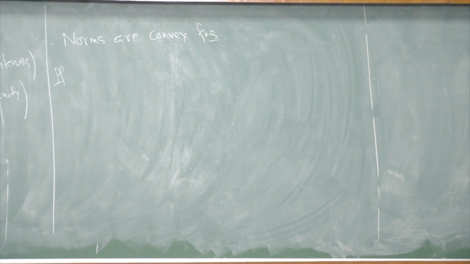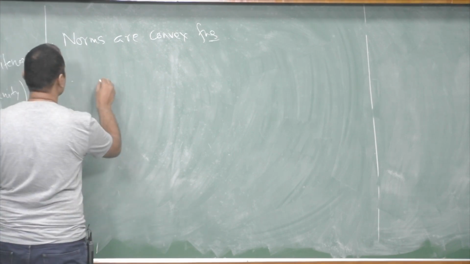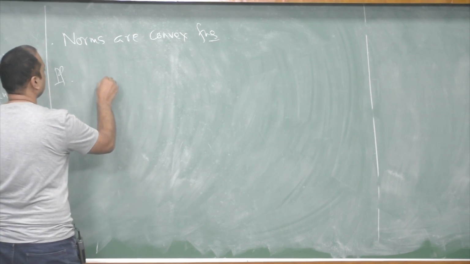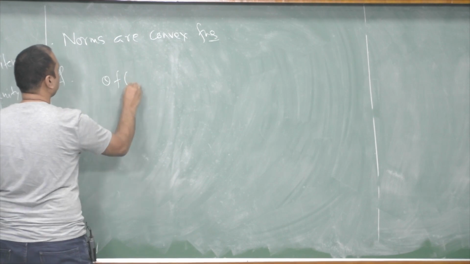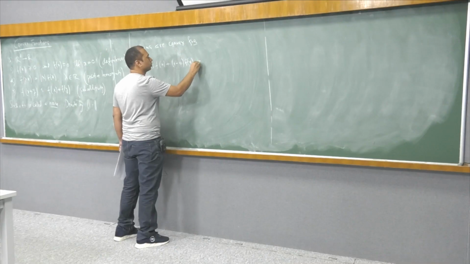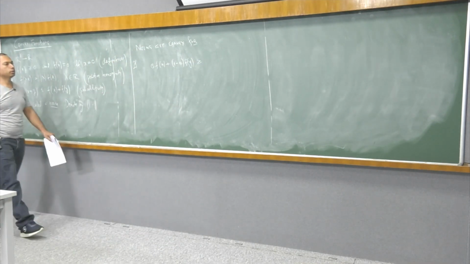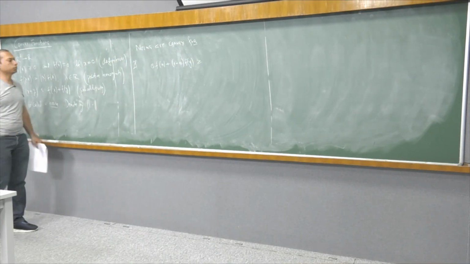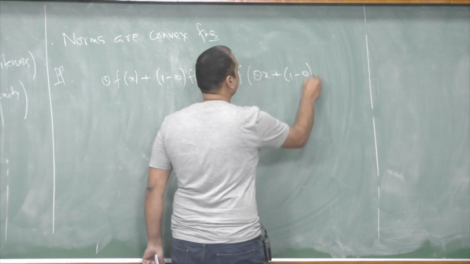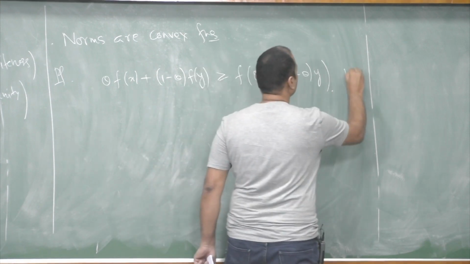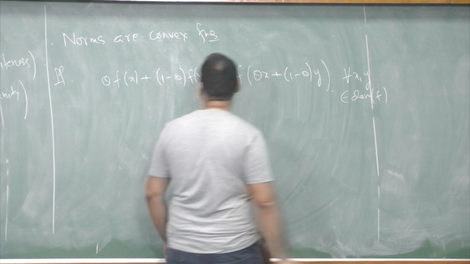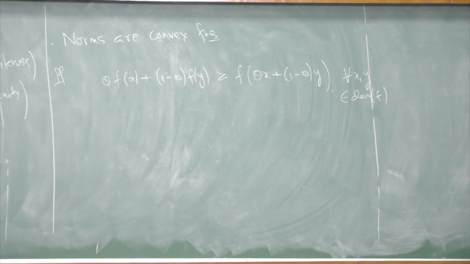If you recall the definition of convexity of a function, the line should be above. Basically theta f(x) plus 1 minus theta f(y) should be above the function value. The line joining 2 points on a function should be above the function values. And this should be true for all x, y in the domain of f. So this is what we are supposed to prove.